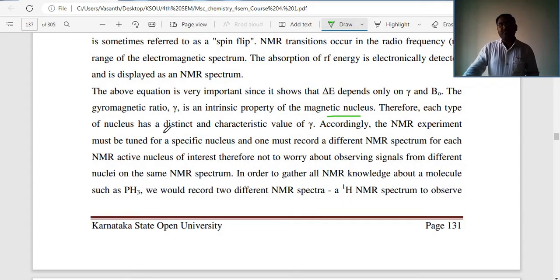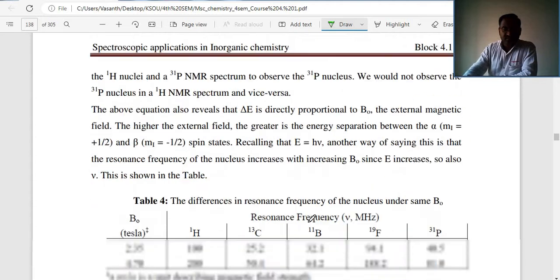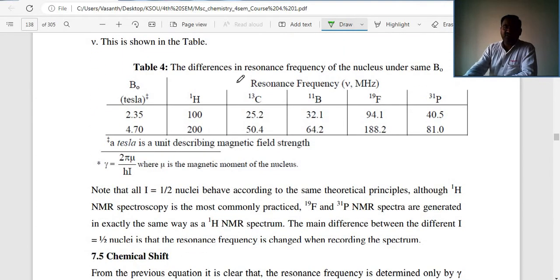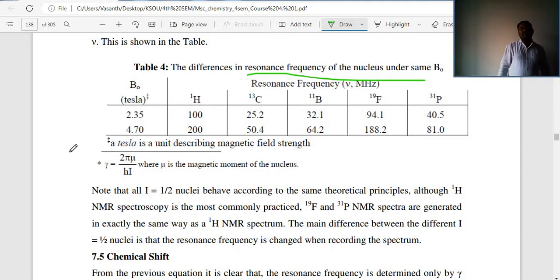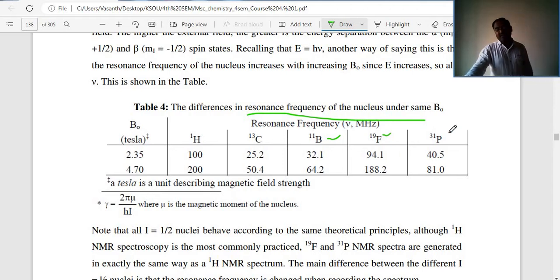Therefore, each type of nucleus has a distinct characteristic value of gamma. This results in differences in resonance frequency of the nuclei under the same B0. B0 is expressed in units of Tesla. This is 2.35 Tesla. This is proton. This is carbon-13, boron-11, fluorine-19, and phosphorus-31.